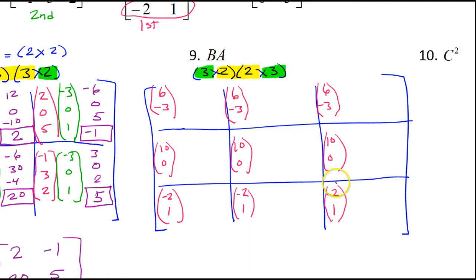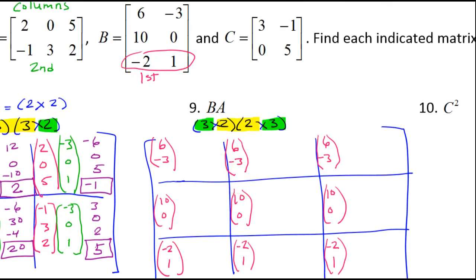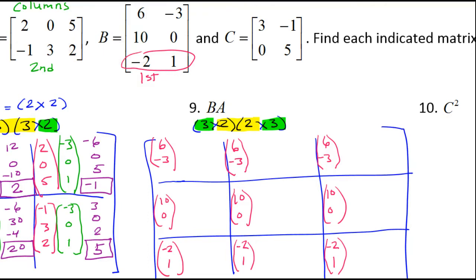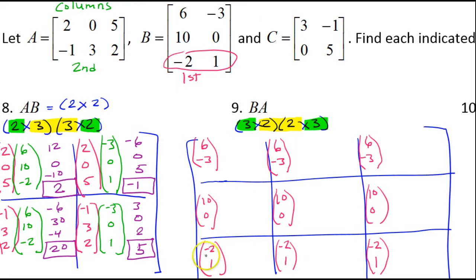Okay, now let's shift gears and talk about the columns. All of the columns will come from matrix A over here. And the first column will go in the first column.